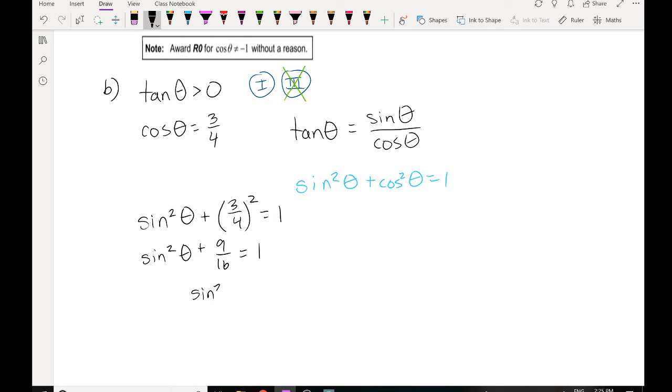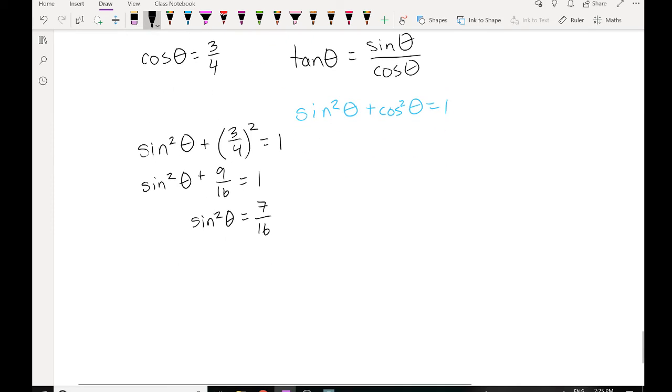Sine squared theta equals 7 over 16. And so sine theta could be equal to plus or minus root 7 over 4. But again, we've already established that we're in quadrant 1. So sine theta is equal to just root 7 over 4 because sine theta must be positive.